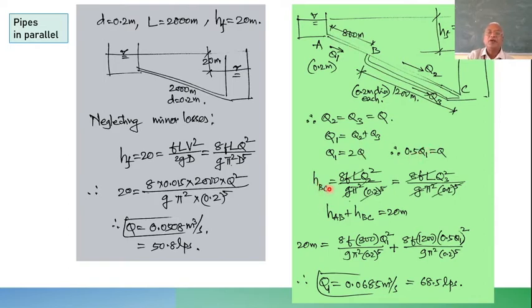Now the head loss in BC, right, is equal to 8FLQ2 squared divided by g pi squared d raised to 5. That is head loss from B to C in the top pipe, original pipe. If you take 8FLQ2, you can just see here Q2 squared divided by g pi 0.2 raised to 5. And if you take the branch below, this gives you 8FLQ3 squared over g pi squared 0.2 raised to 5.